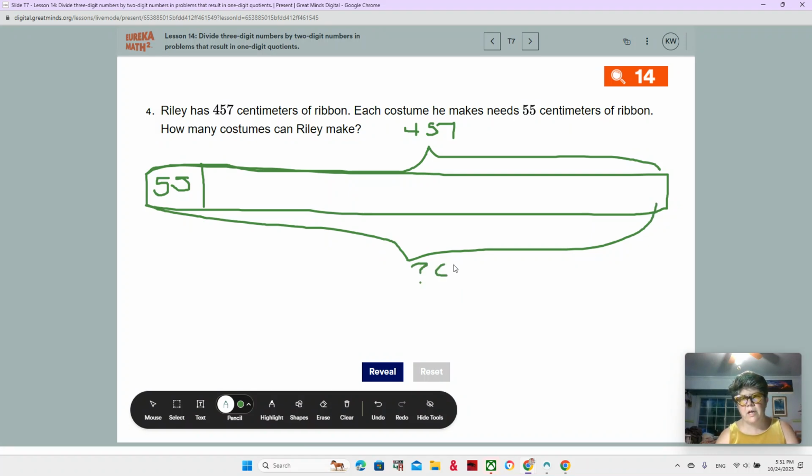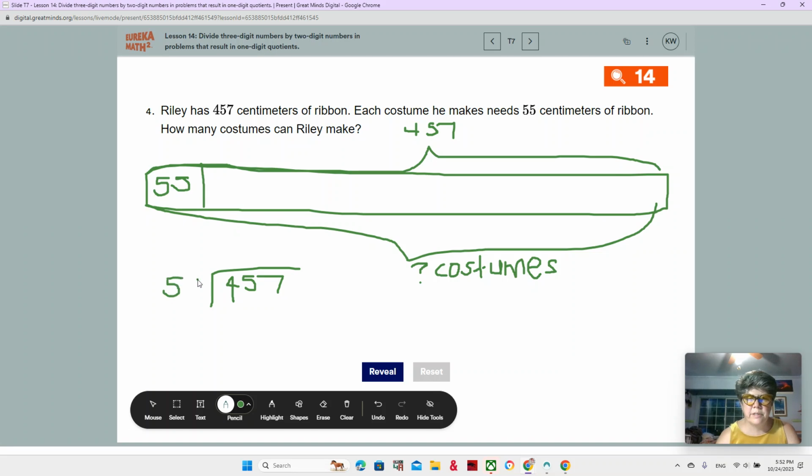The number of costumes. That should be important because he's using this ribbon to make costumes. It must be like putting ribbon on the side of the costumes, hanging down from the costume. I'm not sure. But our division problem is 457 divided by 55.